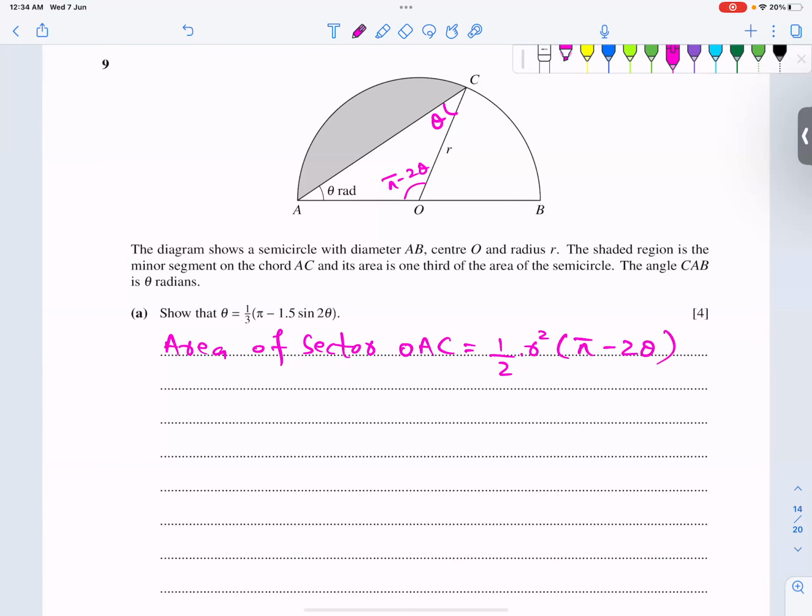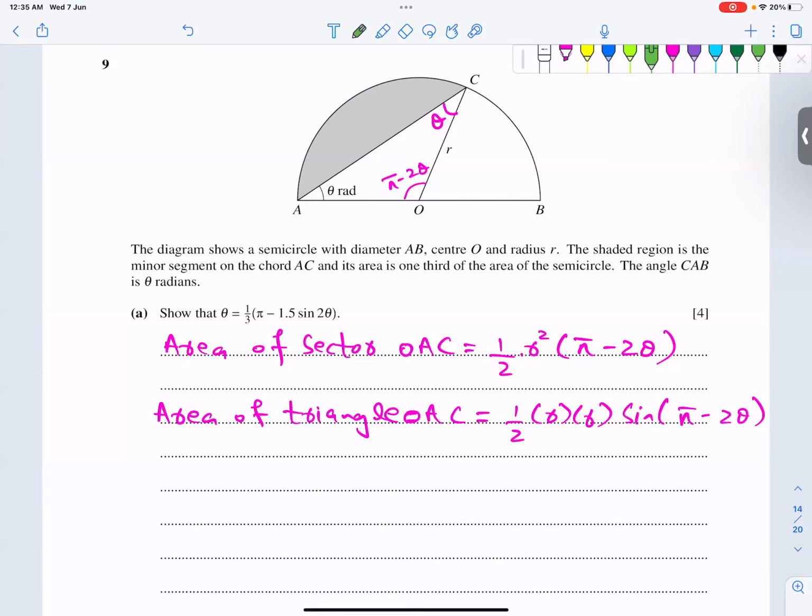This is the area of the sector AOC. And then the area of triangle AOC. Again, this will be 1 over 2 product of adjacent sides into sine of the angle between them.